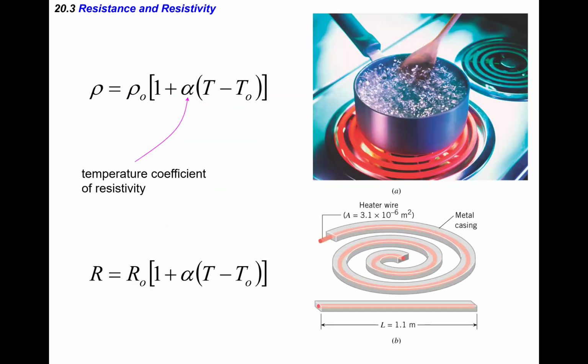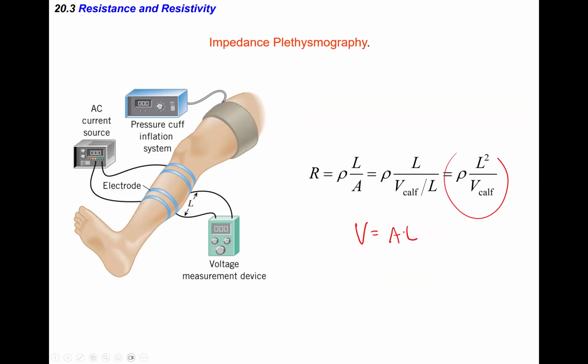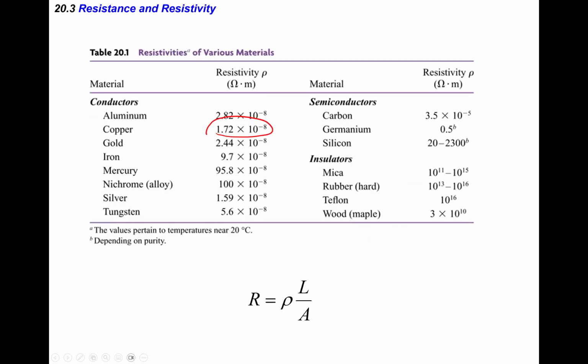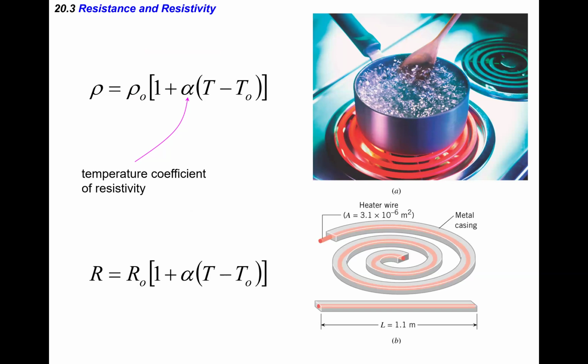And we have the resistivity. You can see this table, this row for this table is only at 20 degrees Celsius because rho will change with temperature. So here you can see our equation: rho equals rho 0 times 1 plus alpha times T minus T0. So the resistance actually increases with temperature and it also decreases with temperature.